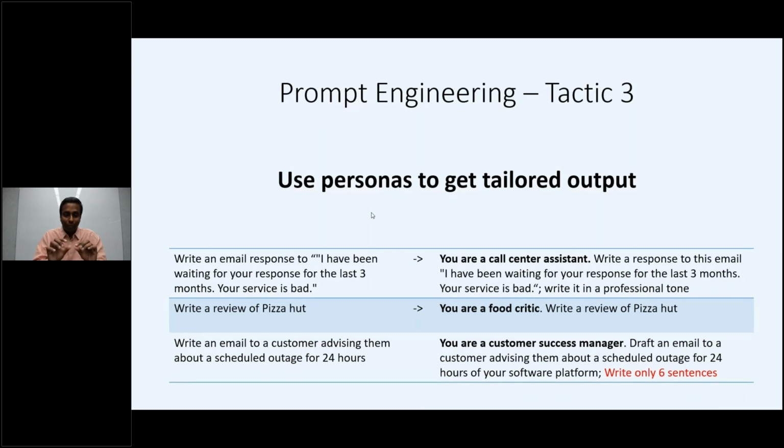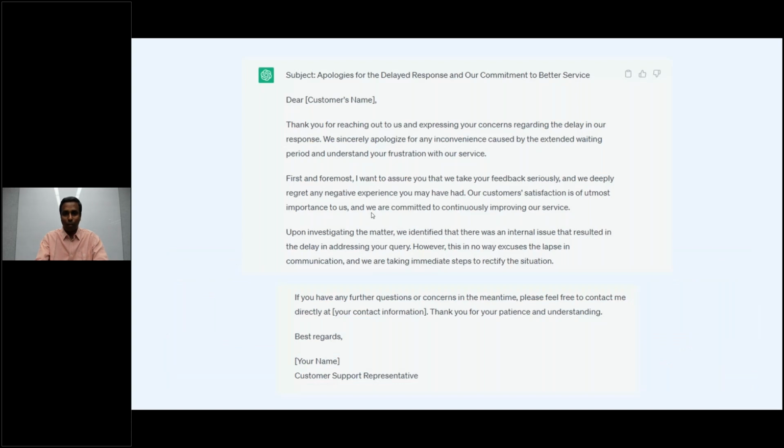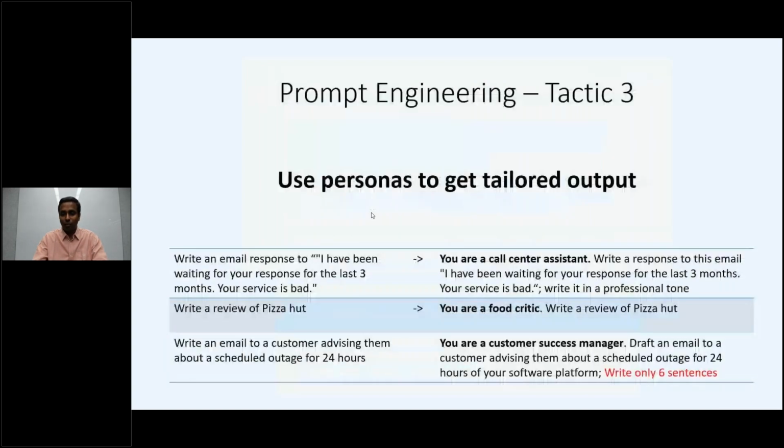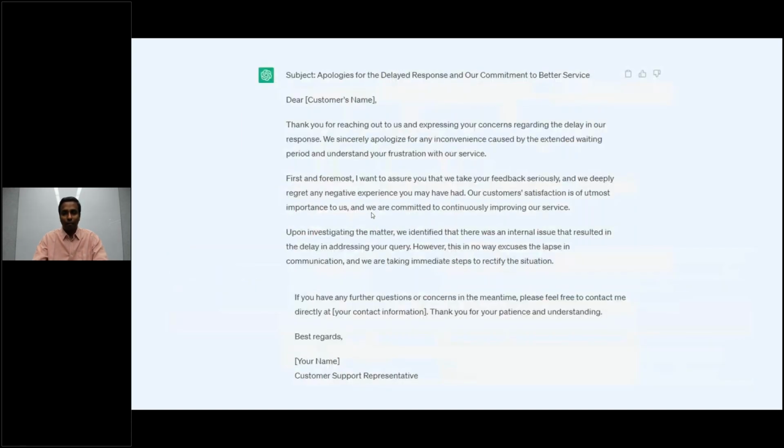And more importantly, the more explanation you give as part of the persona, the more it understands the holistic concept of what you need. Then it is able to give a tailored output based on the prompt that you give. Here is an example of one of the prompts I've given in terms of a delayed response for a better service.